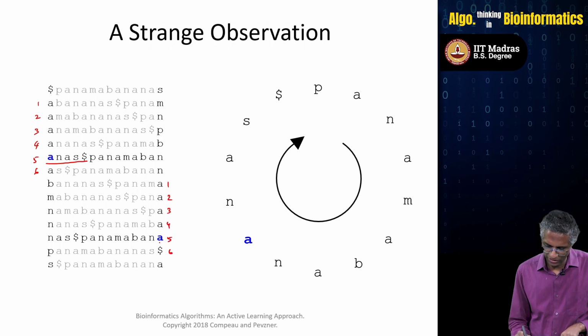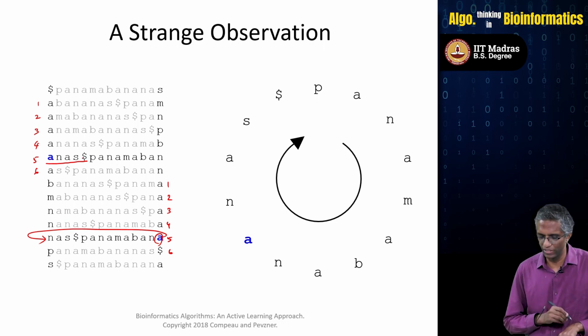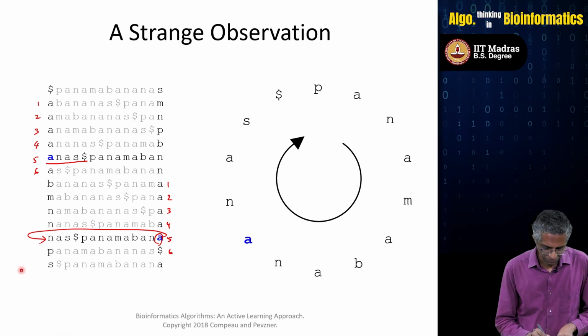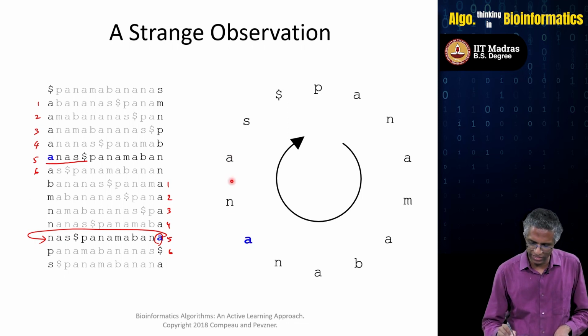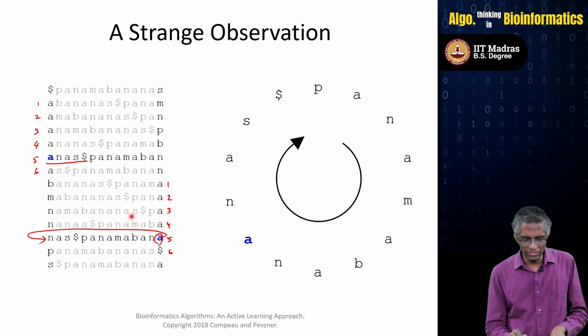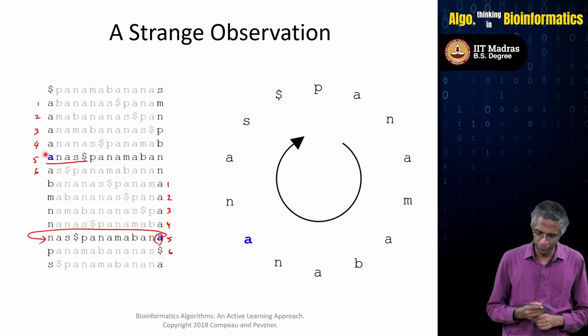The fifth A that is occurring here, again you will have to rotate it, and you can see that this is A and A is dollar. So this is the same A here, A and A is dollar. This ANAS dollar and ANAS dollar are both, this blue A is the same A, and that is this ANAS dollar. So this A and this A are one and the same.